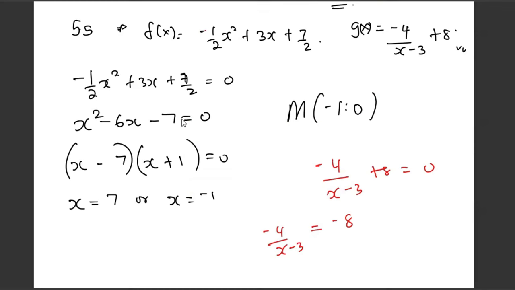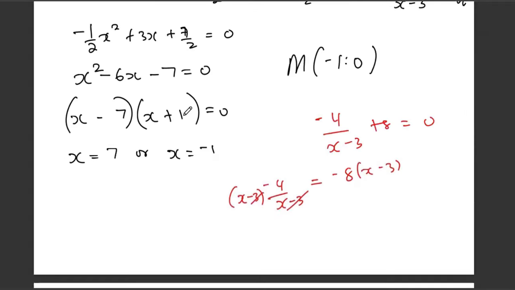It's up to you: you can divide by the negative or just multiply both sides by the bracket x minus 3 so that we get rid of the denominators as well. Meaning that -4 is the same as -8x plus 24. Let's switch positions: this 24 comes this side, it's going to be -28 is equal to -8x.